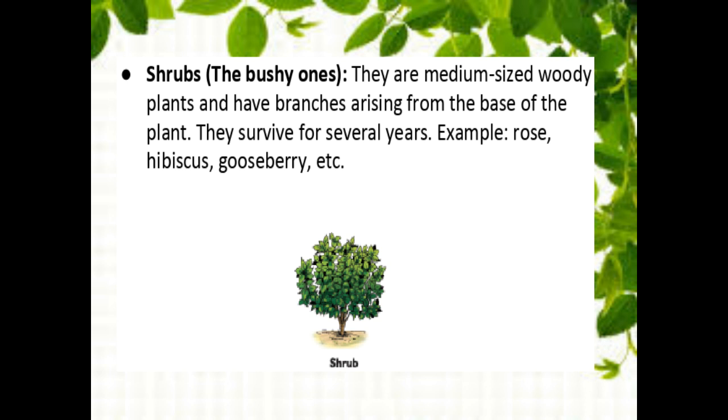They will be in the medium size, right, and have a lifetime span of several years. So what might be the example? Yes, that is gooseberry, lemon, hibiscus, rose, etc. They look bushy, right? So these types of plants are called shrubs.